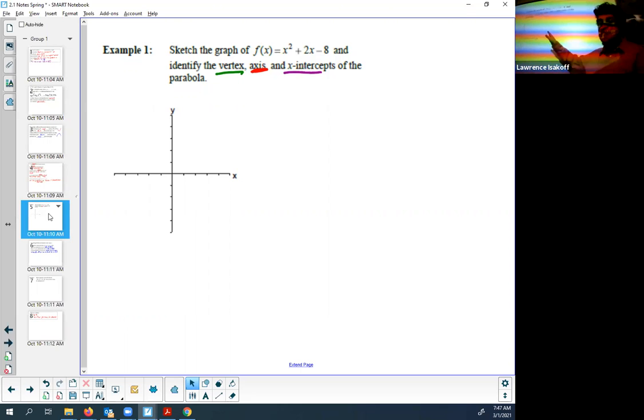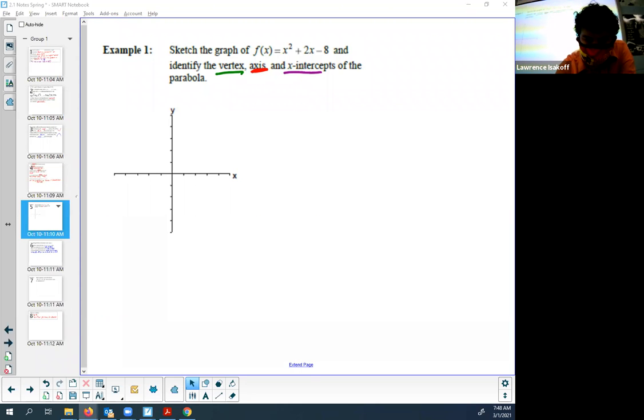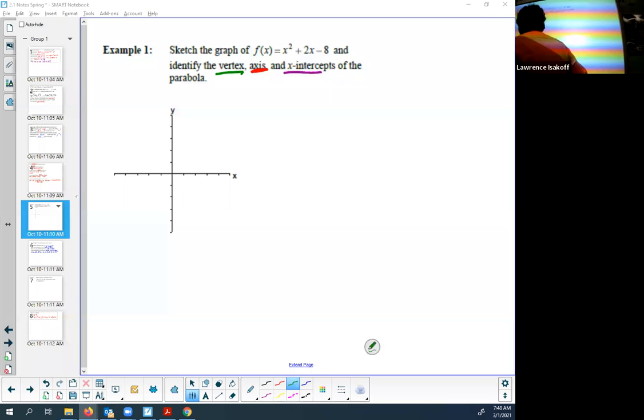I am first going to do this, getting all of my information just from the problem. I'm not going to use Desmos at all for it. Then after I do it that way, I'm going to show you how Desmos can pull all the same information for us. So, I'm going to start with the vertex and axis of symmetry.